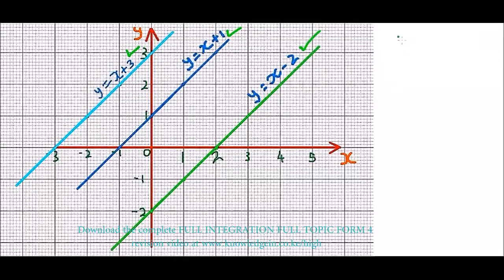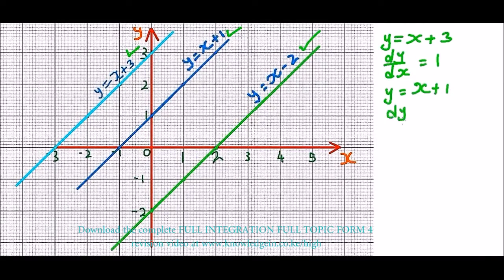So when you use differentiation, we start with the first one, and that is y is equals to x plus 3. Then the gradient function dy over dx is equals to 1. Then we have y is equals to x plus 1.